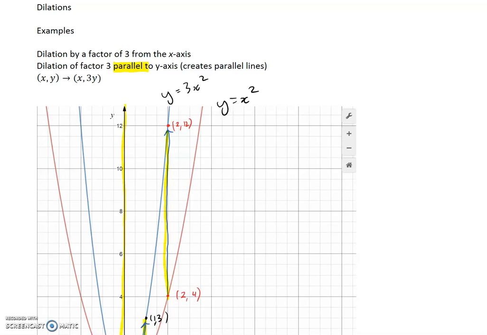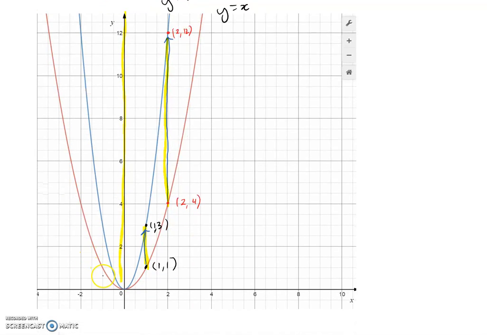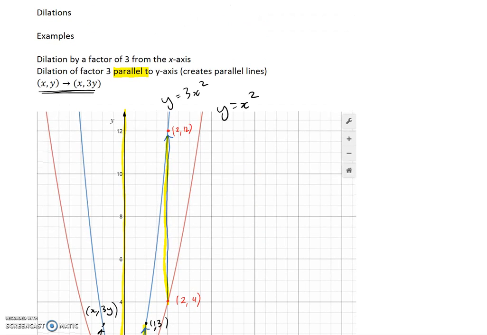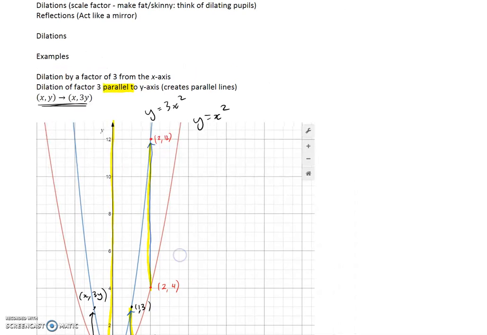Alright, and then we have this even more compact way of saying it, is that each (x, y) coordinate gets mapped to (x, 3y): the x coordinate stays the same, and the y has been multiplied by 3.